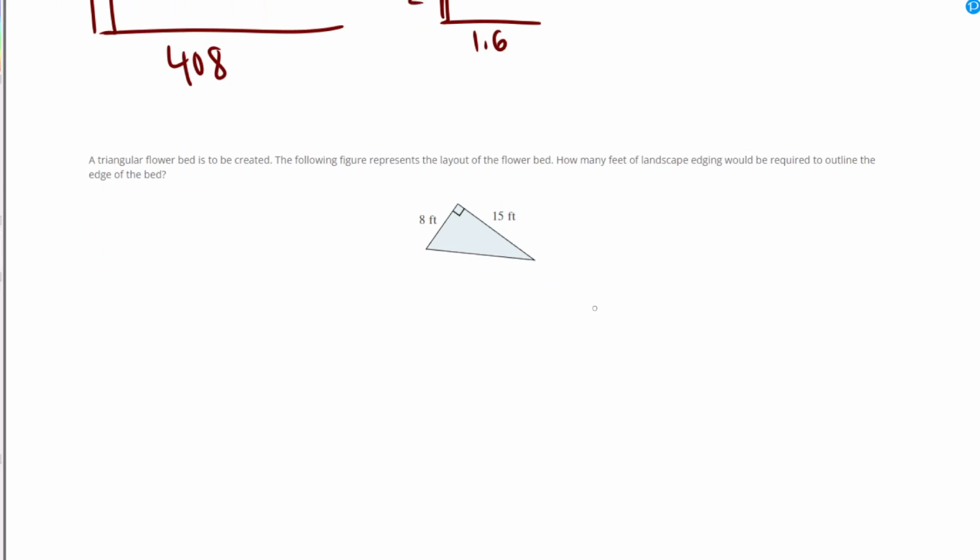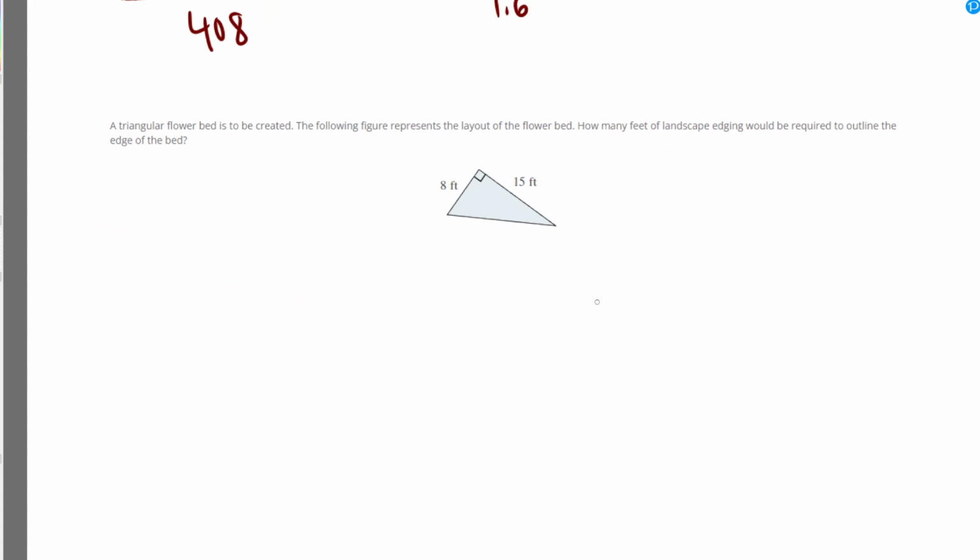The next one is telling us a triangular flower bed is to be created. The following figure represents the layout of the flower bed. How many feet of landscape edging would be required to outline the edge of the bed? This one we actually do need to find the hypotenuse, since we are trying to find the edge, and we have the 8 feet and the 15 feet, but we don't have this length right here.